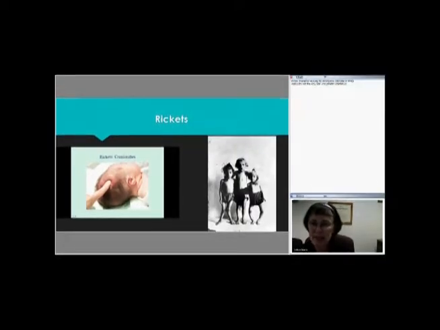We don't see that in our country like we used to because of the iodized salt and vitamin D fortified milk. But there is vitamin D resistant rickets, so it doesn't matter how much vitamin D you get, you still might end up with the curvatures. One's knock-kneed and the other's bow-legged.